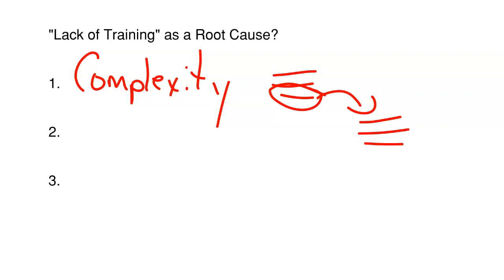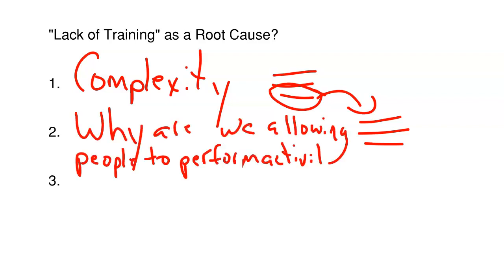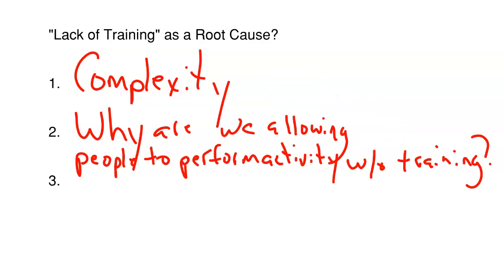Sometimes, though, it's not about complexity. So as a facilitator, I'll reframe it a different way. I'll ask the following drill down question: why are we allowing people to perform this activity without the prerequisite training? If we know that there are certain skills or competencies that the individual needs to have to be successful with this task or this particular process step, why are we allowing people to perform this activity without this prerequisite training that we know is so important?